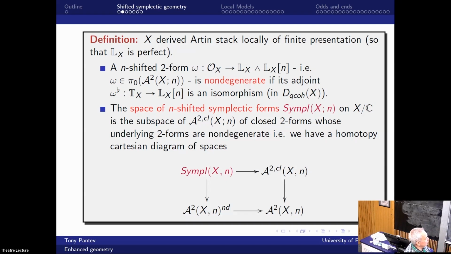So the closed forms are guys which are closed, where the closing condition is taking into account corrections that are allowed by putting images of the internal differential in the cotangent complex.